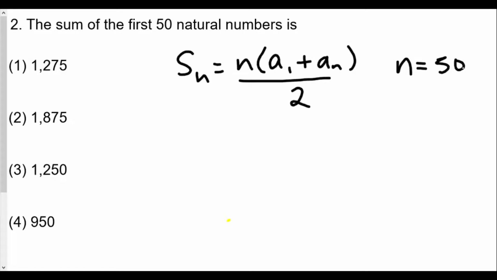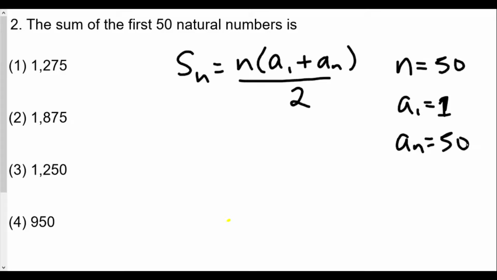The natural numbers begin with 1, then 2, 3, 4, 5, also known as the counting numbers. So our first natural number is 1. Our second one would be 2, and third, fourth, but the last one in this series would be the 50th one, which is just 50.